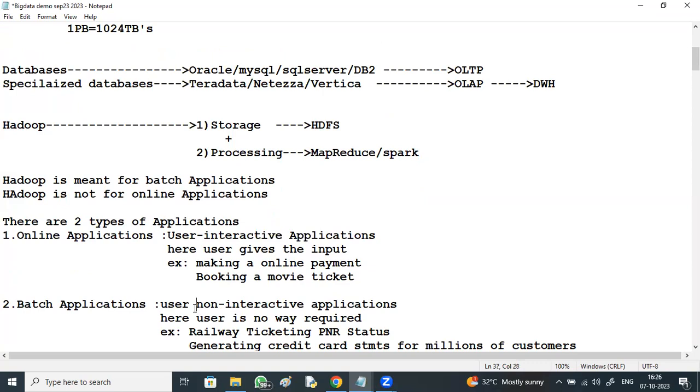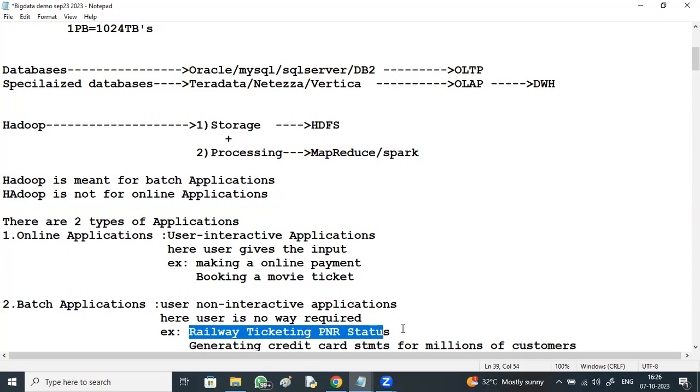are user non-interactive applications. Here the user is not required at all. Everything happens in the background, right? For example, railway ticketing PNR status. Your waiting status is currently 200.